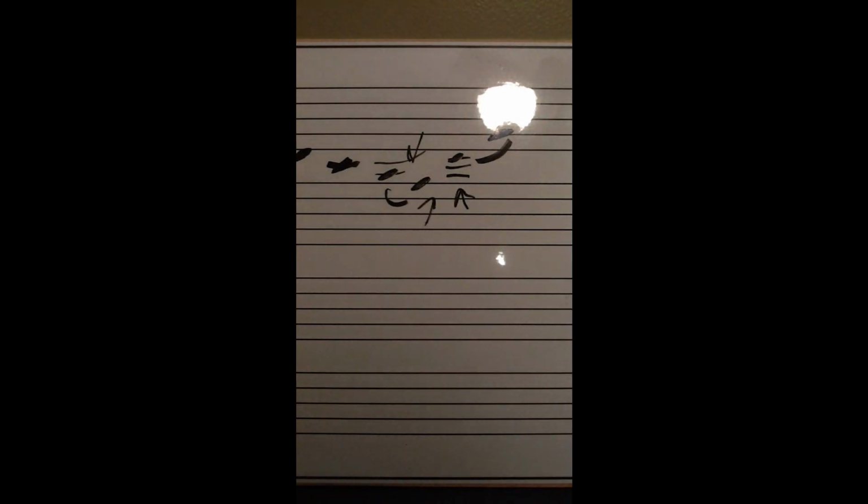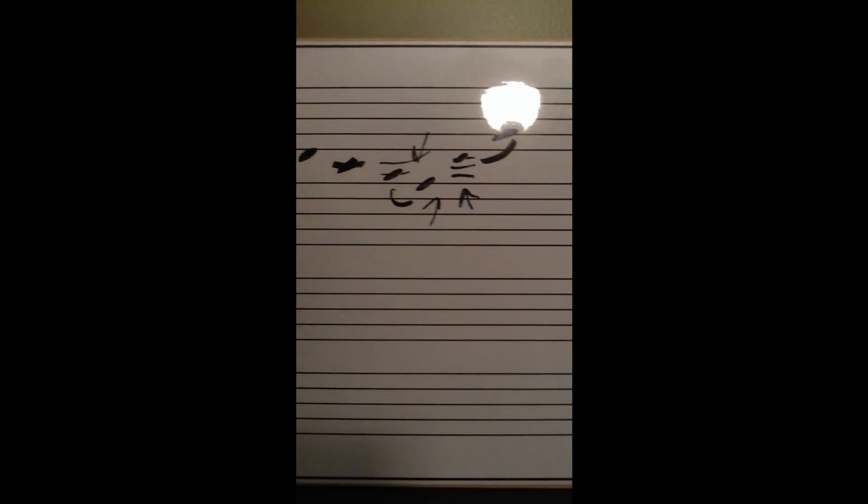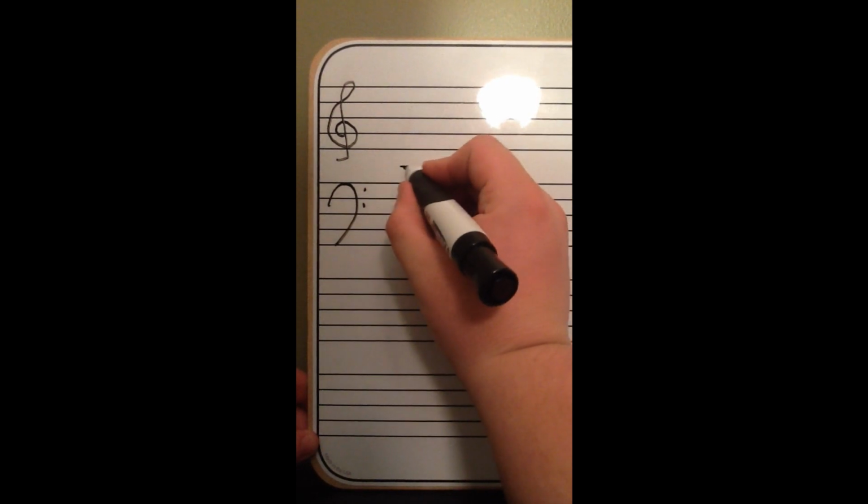So this creates a system called identifying the register. And the easiest way to do this is to base it off of the note C. I'm just going to erase these. The note C, because we have our C4 right here.